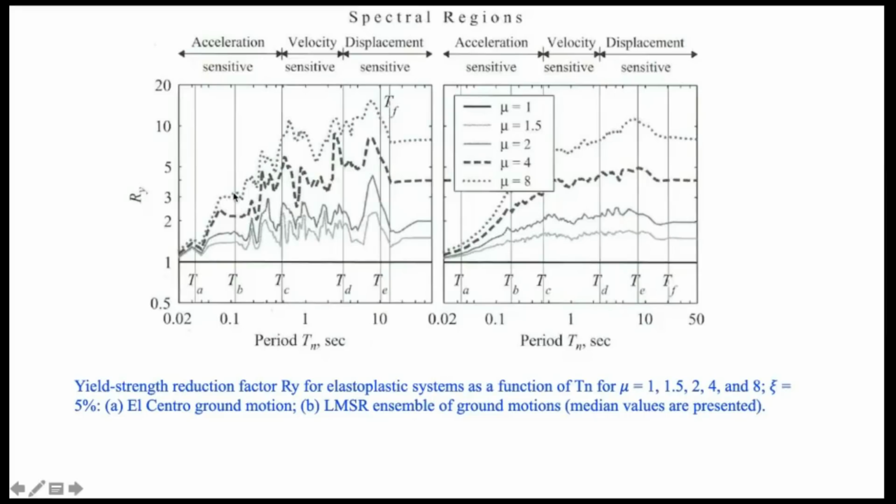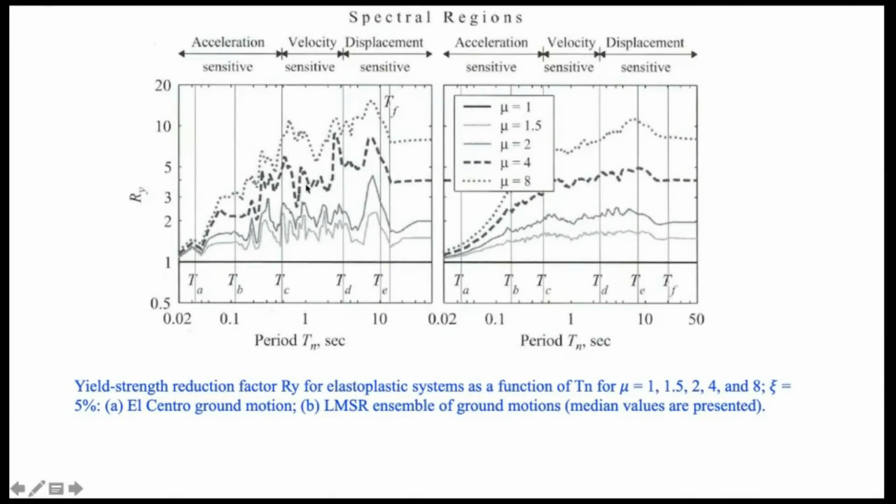In some ranges, for example in the case of 4, Ry is less than 4, and sometimes it is more than 4, like in this case. And here it's 4. So this is for a single earthquake.